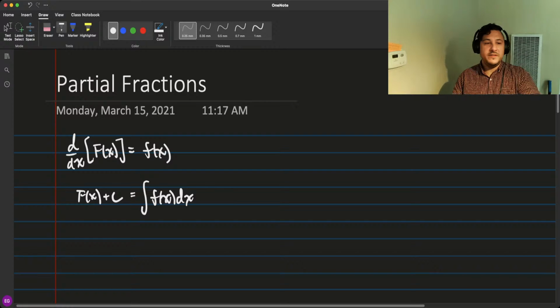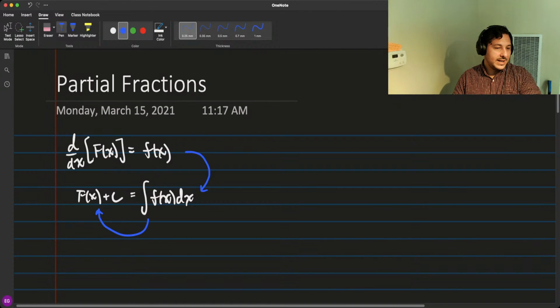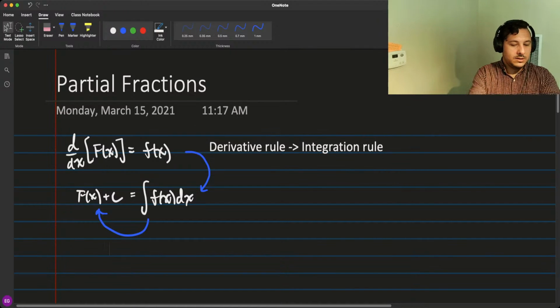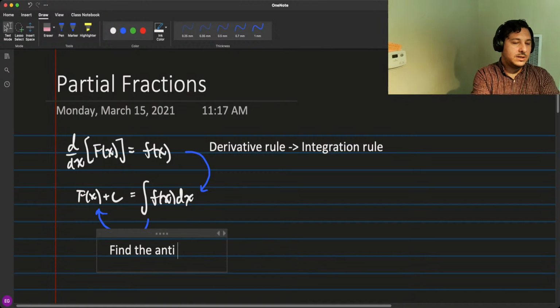So if you have a derivative rule, you can turn that into an integration rule to then find the antiderivative. Let's write down the steps. Derivative rule becomes integration rule, and then that allows you to find the antiderivative.